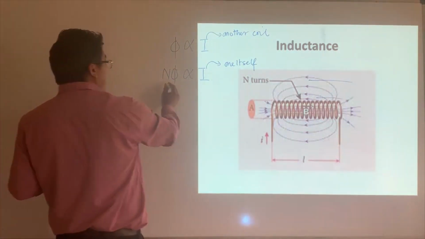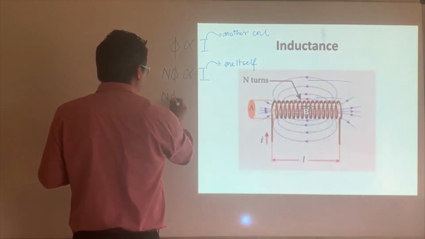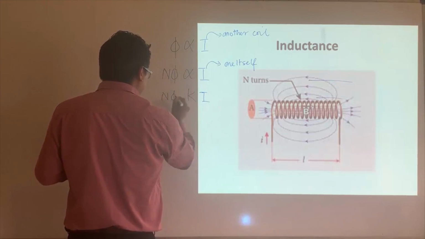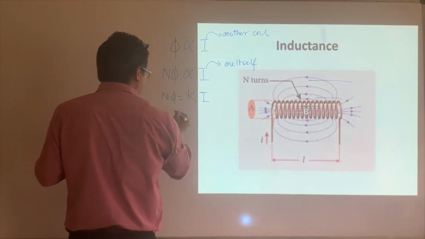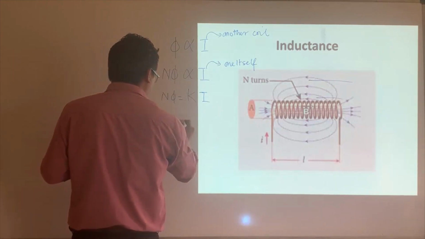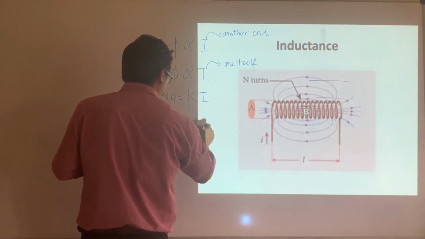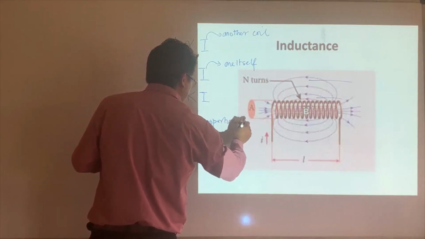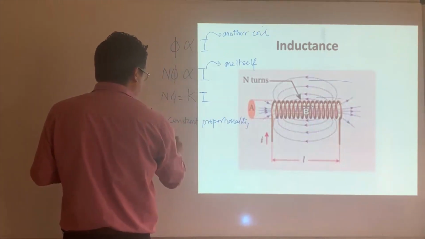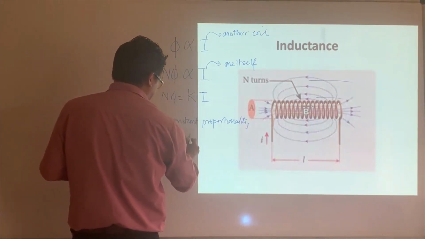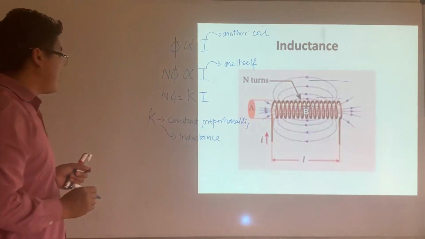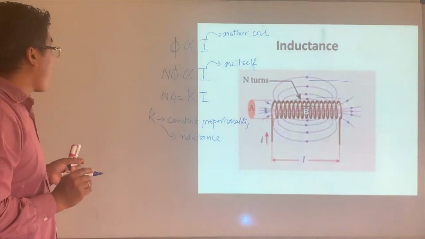And now when I remove this, what we get is some constant, let's say K, and this constant K is the constant of proportionality. This constant of proportionality is what we call inductance.